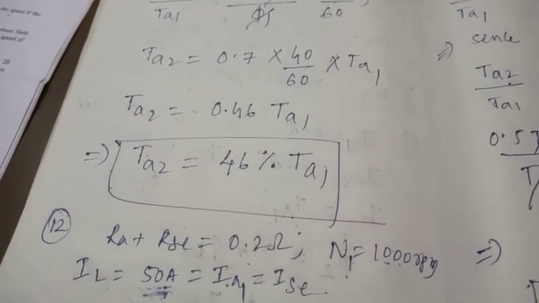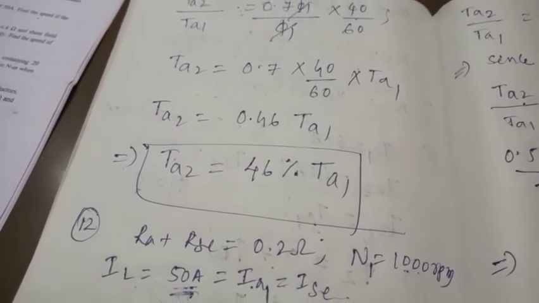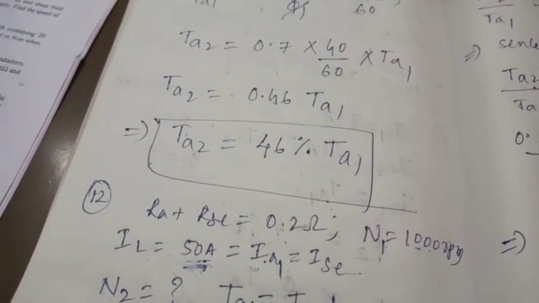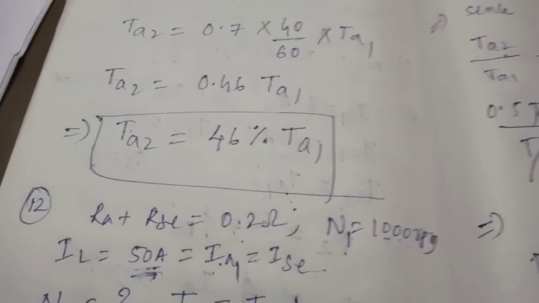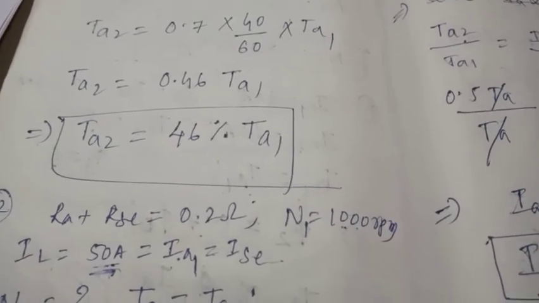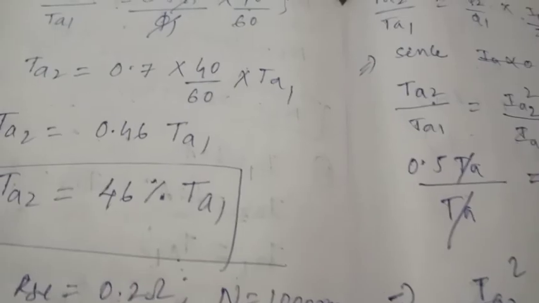Next, N is directly proportional to EB by phi. N2 by N1 is equal to EB2 by EB1 into phi1 divided by phi2. TA is directly proportional to phi into IA, so TA2 divided by TA1 is equal to phi2 by phi1 into IA2 by IA1. If you remember these formulas, you can easily solve the problems.